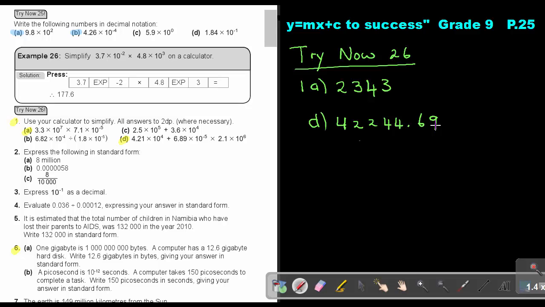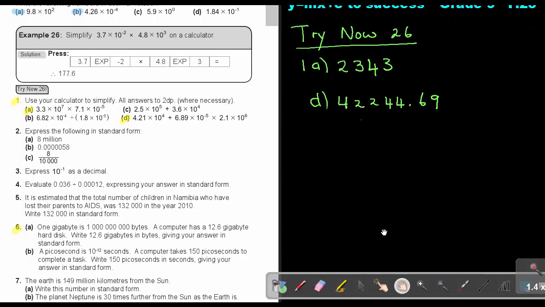Okay, let's look at number 6. 1 gigabyte is 100 million bytes. A computer has a 12.6 gigabyte hard disk. Write 12.6 gigabytes in bytes, giving your answer in standard form. So what am I going to do?